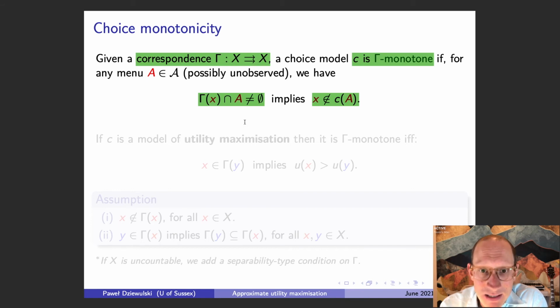Gamma of X is a set of options that the researcher considers to be objectively superior to X. And that's what we mean.